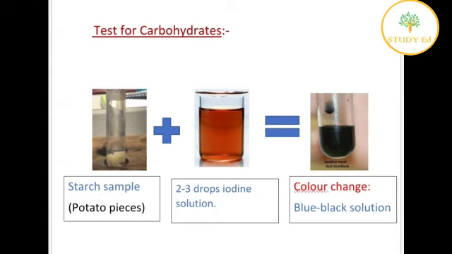We will notice a color change in that test tube and that color change will be a blue-black solution. So what does the blue-black solution indicate? It indicates that the potato pieces contain starch. You can try this test with other food items also and check whether that food item contains starch or not.